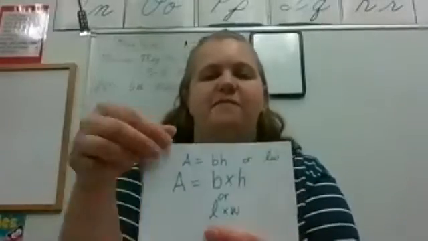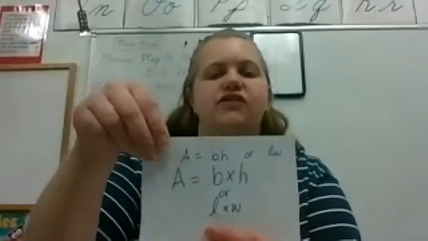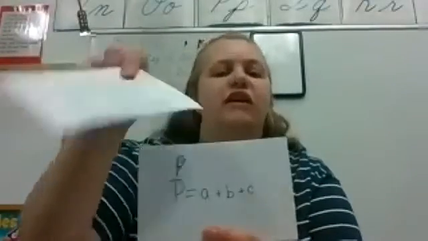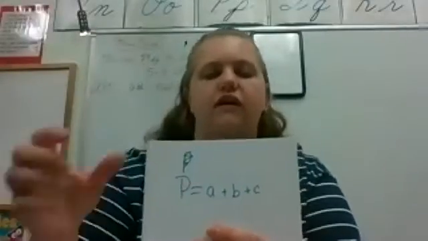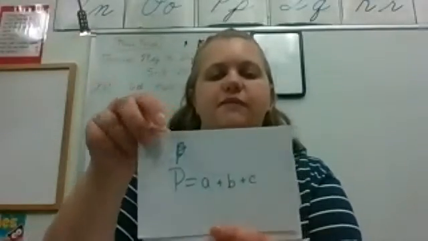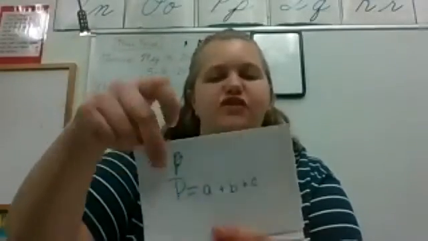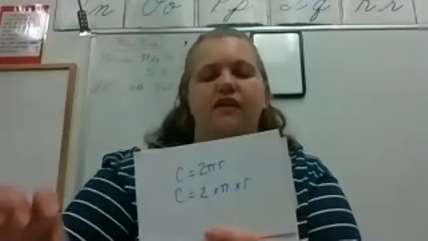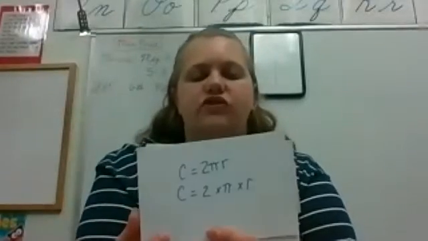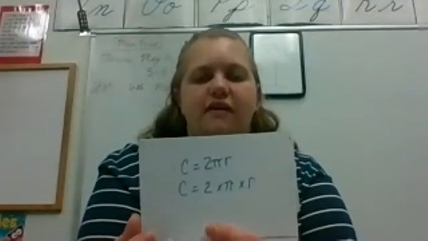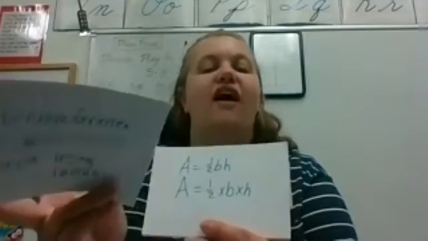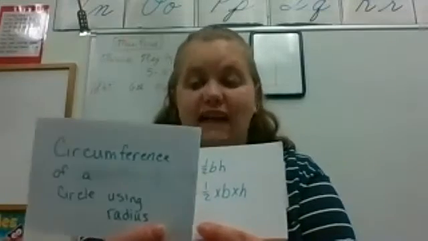What is this one? A equals B times H, or L times W. Area of a parallelogram, good. What about this one? A plus B plus C. Perimeter of a triangle, good job. C equals 2 times pi times r is the circumference of a circle using radius, all right?